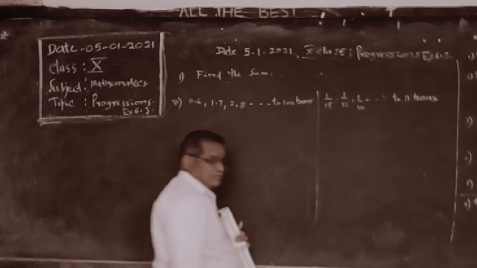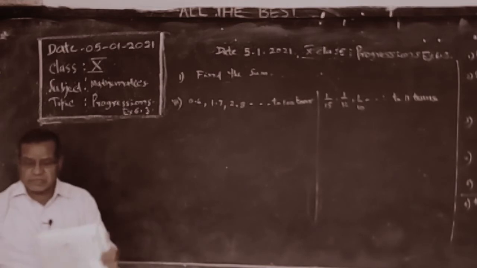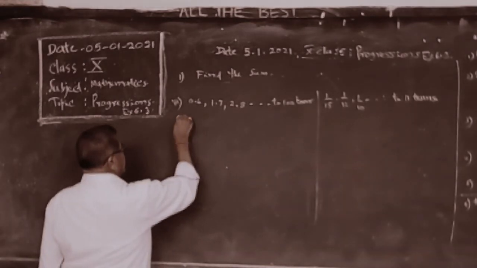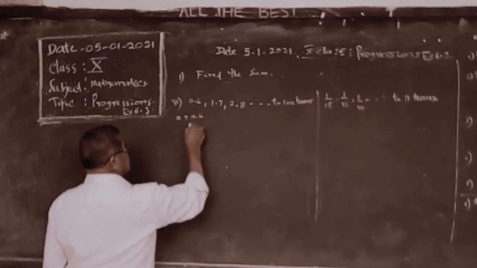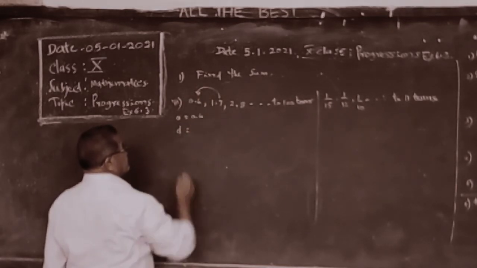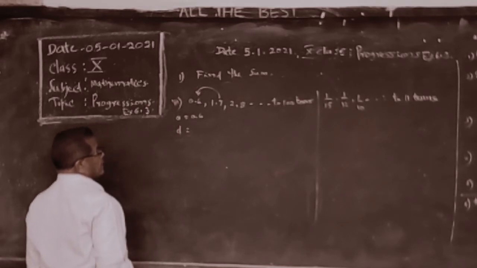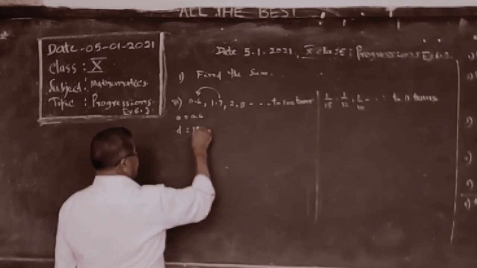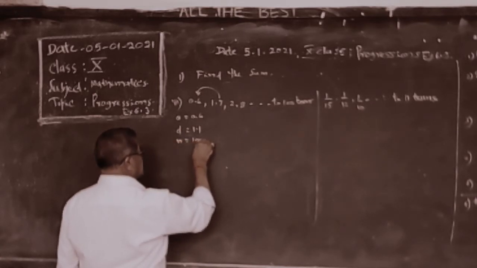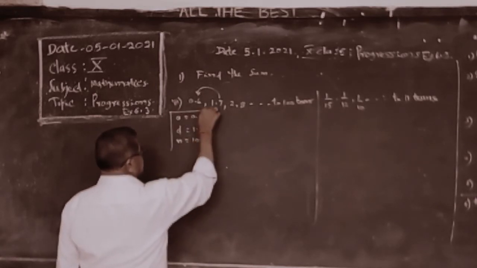Like this. Here, first, what is a? a is 0.6. What is d? Subtract: 1.1. And n is 100 terms. Substitute.